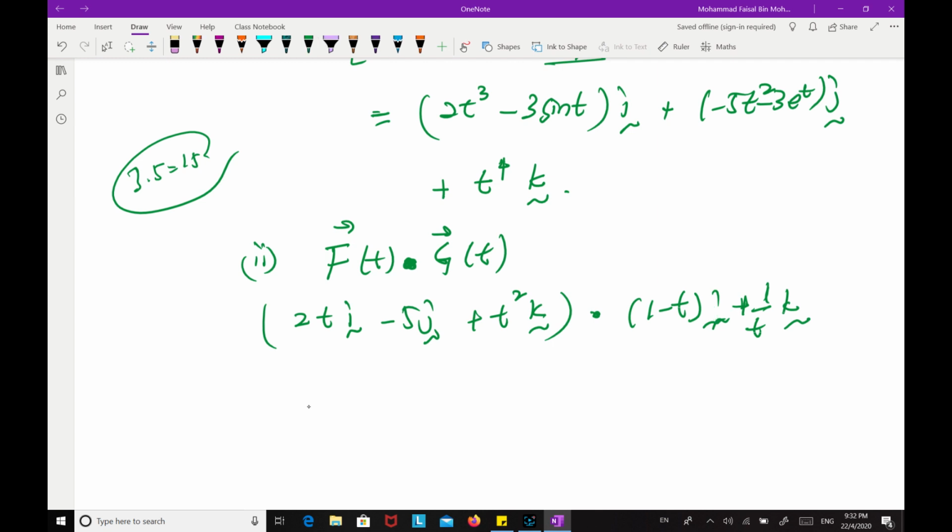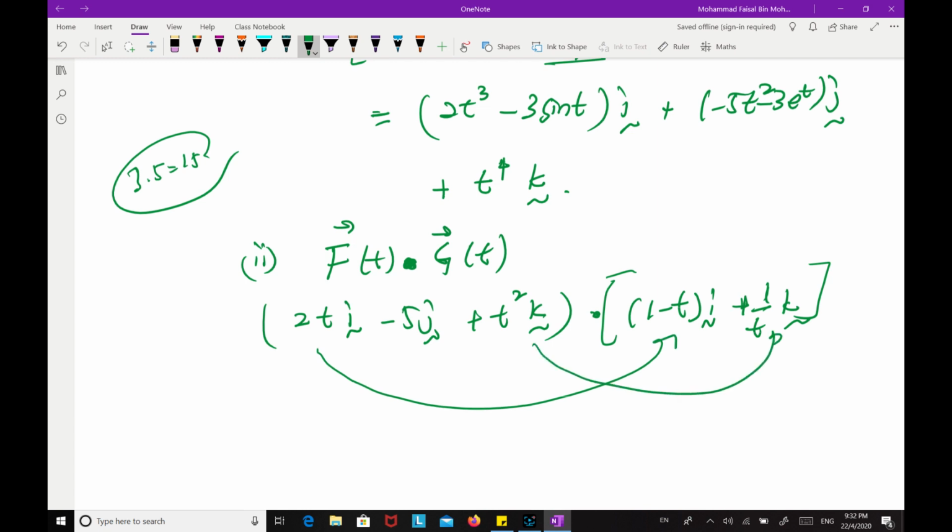Okay, remember for scalar, i times with i, j times with j, and k with k. And we have 0j, so I add 0j, so j will times with 0j. Negative 5j will times 0j.